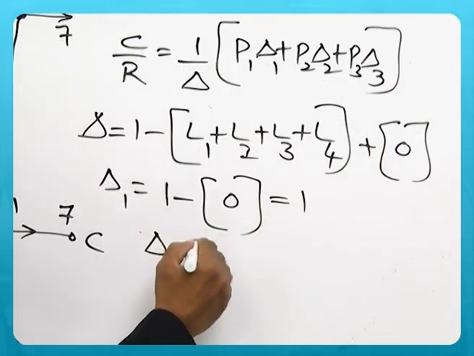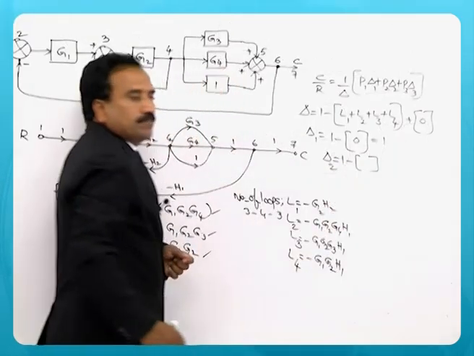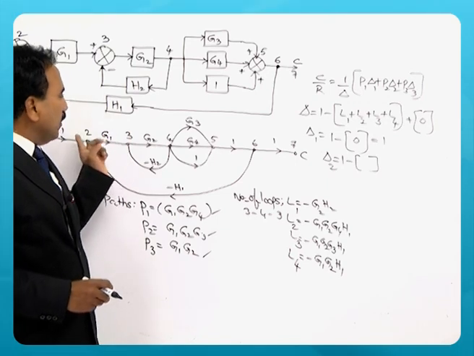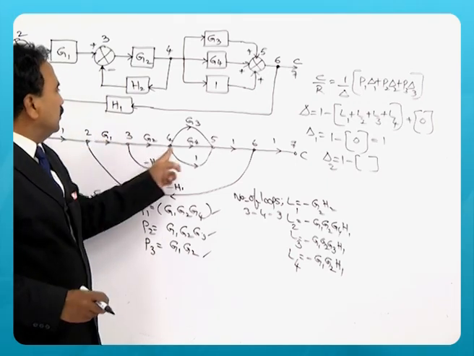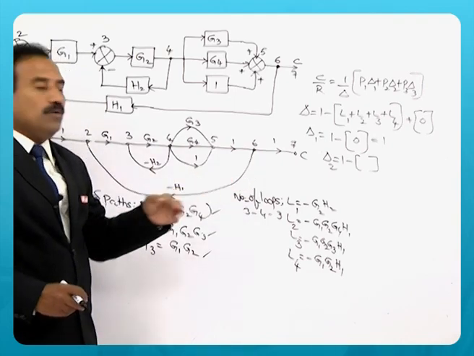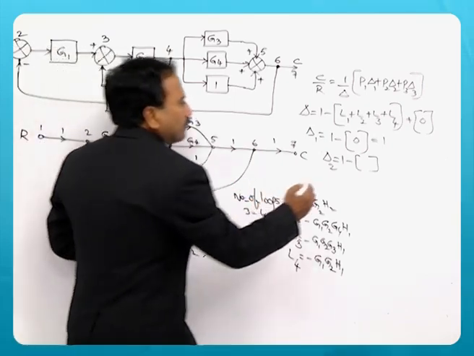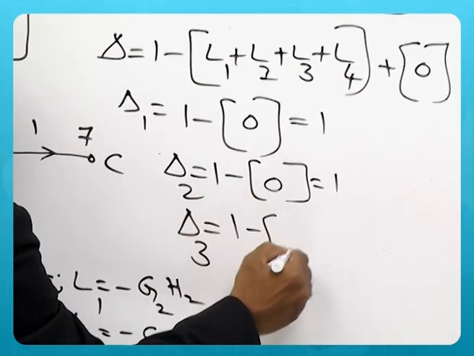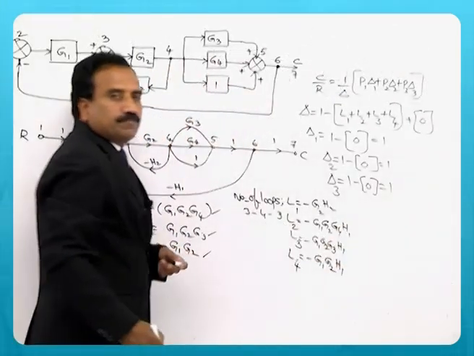Similarly, delta 2 is also 1 minus. Are there any loops which are not touching the second forward path G1, G2, G3? No loops exist, so 1. And similarly delta 3 is also 1 minus 0, equal to 1.